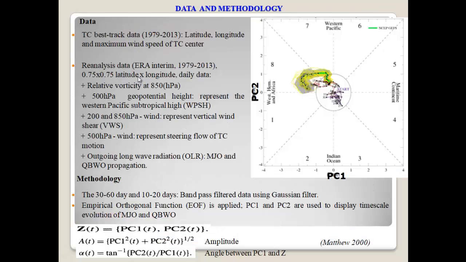The TC best track data is used to analyze TC position, and the reanalysis data ERA-Interim is used to analyze MJO and QBWO propagation. The methodology is, first, we apply a bandpass filter to the original data to extract the intraseasonal oscillation.